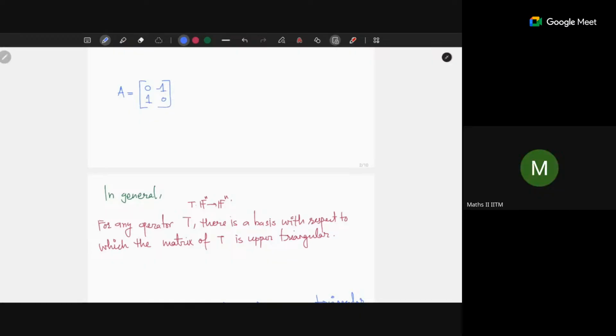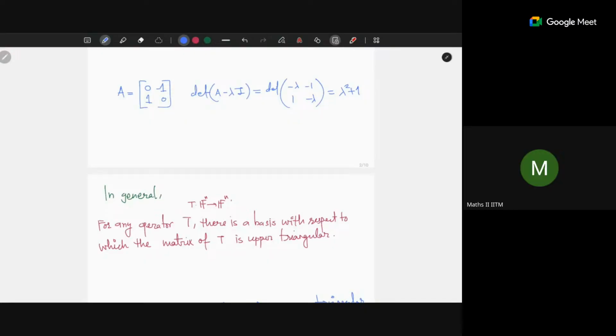What is the characteristic polynomial in this case? It is the determinant of the matrix A minus lambda I, which gives minus lambda, 1, minus 1, minus lambda, which is lambda squared plus 1.